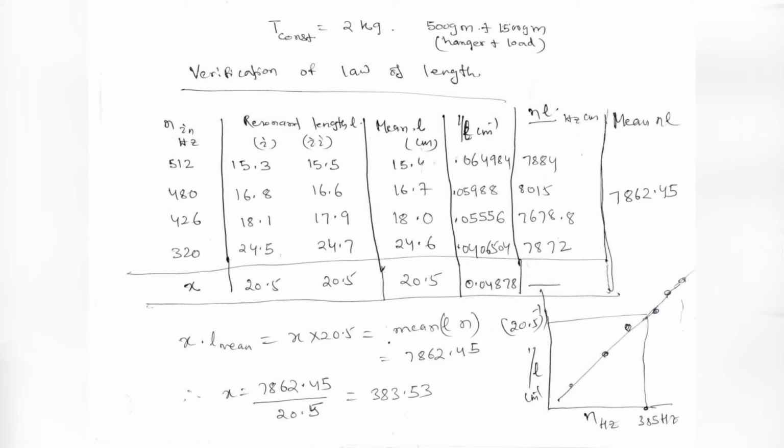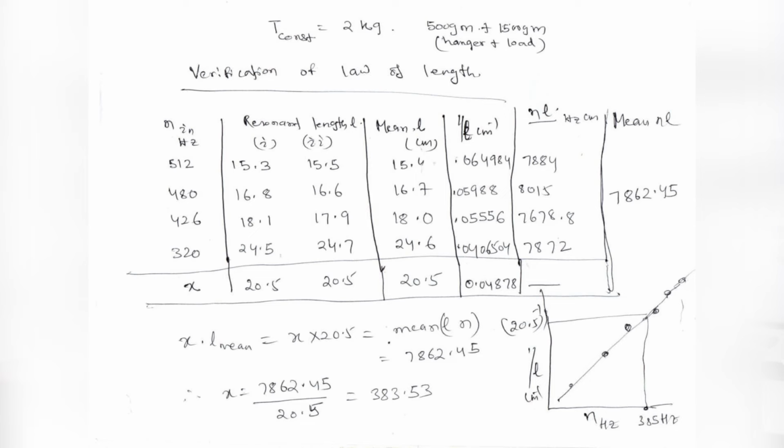I check it again. I again fix bridge A at 40, and then I gradually move my bridge B to 55.5. That is 55.4 I check, 55.5 I check, and I see where it gives the maximum sound, and the rider vibrates and it flies off or tries to fly off.